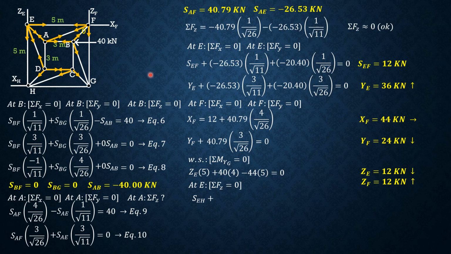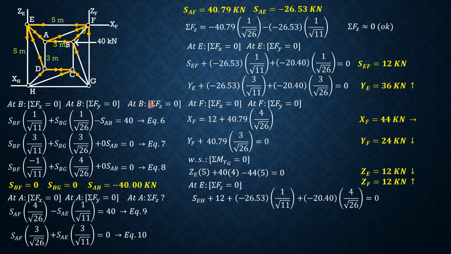So at E, summation forces along Z equals 0 to solve for EH. So SEH plus GE, which is 12, plus negative 26.53, this is SAE times 1 over square root of 11, plus SDE.